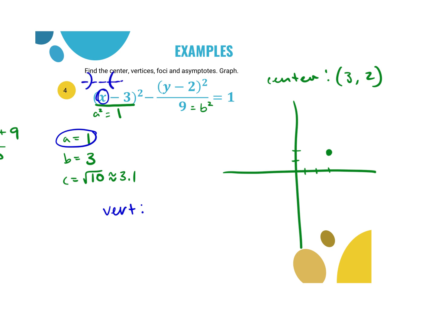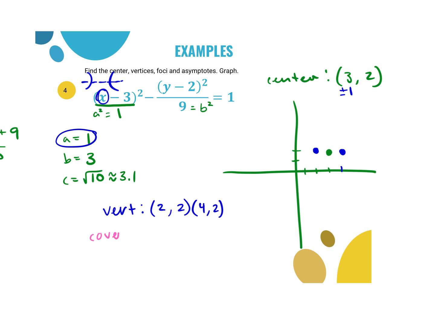So I know that my hyperbolas are going to go horizontal. So I'm going to go to the left and right 1. So my vertices are going to be 2, 2 and 4, 2. So I just added and subtracted 1 from my x in my center.